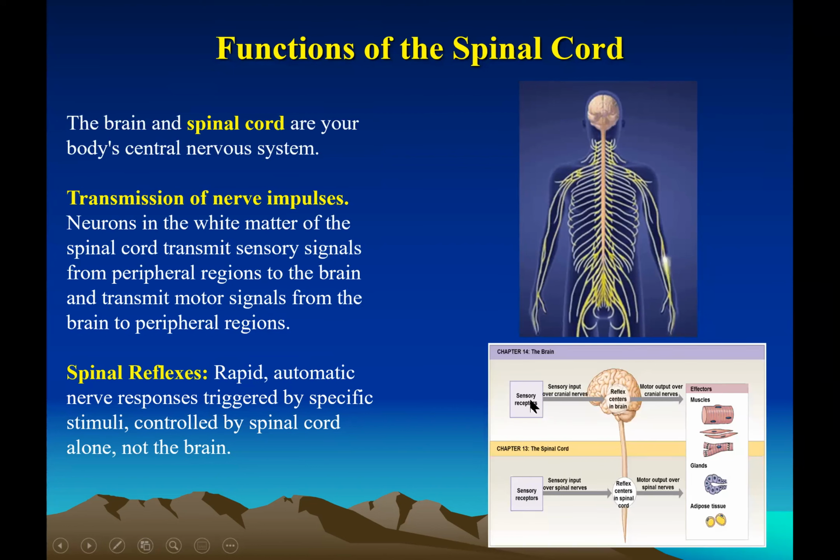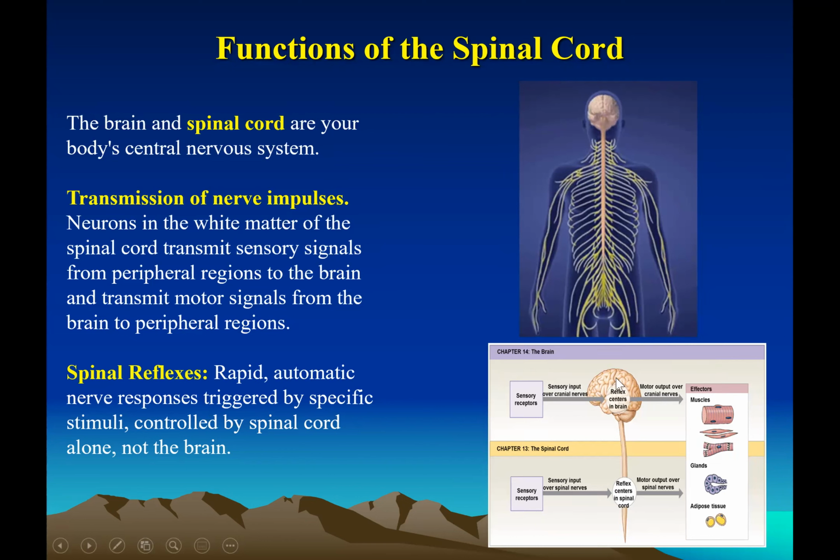The afferent message from the sensory receptors enters either the brain or the spinal cord for processing, and the processed information comes out as an efferent or motor output. The motor output is going to affect a skeletal muscle, a smooth muscle, or your cardiac muscle.